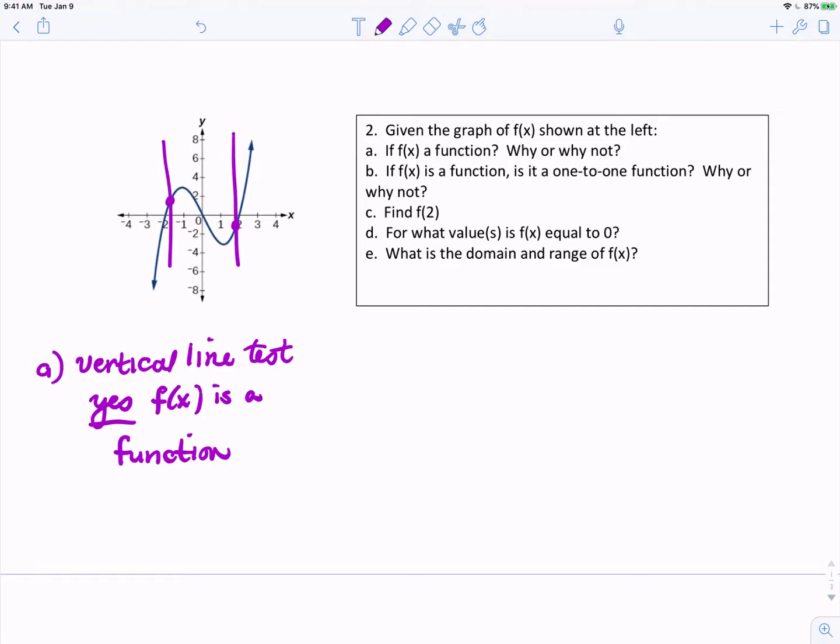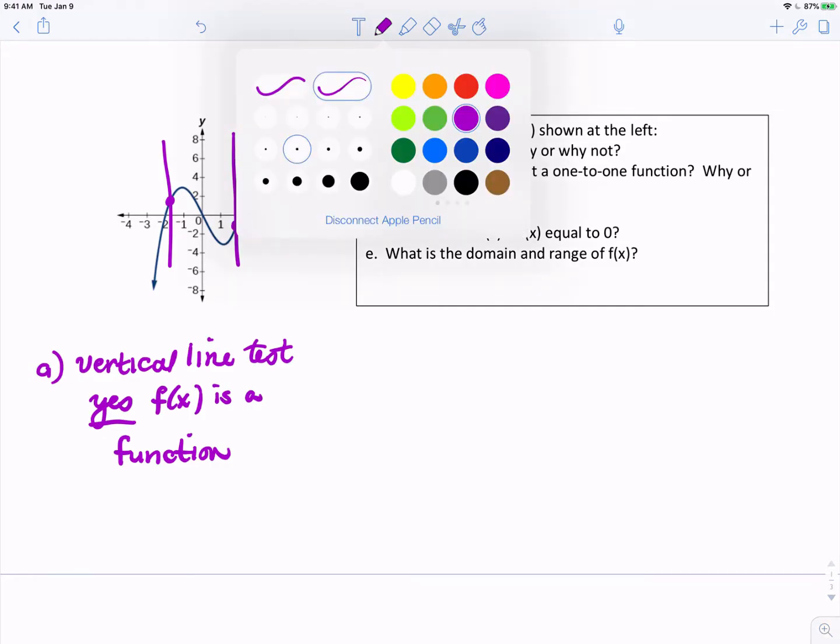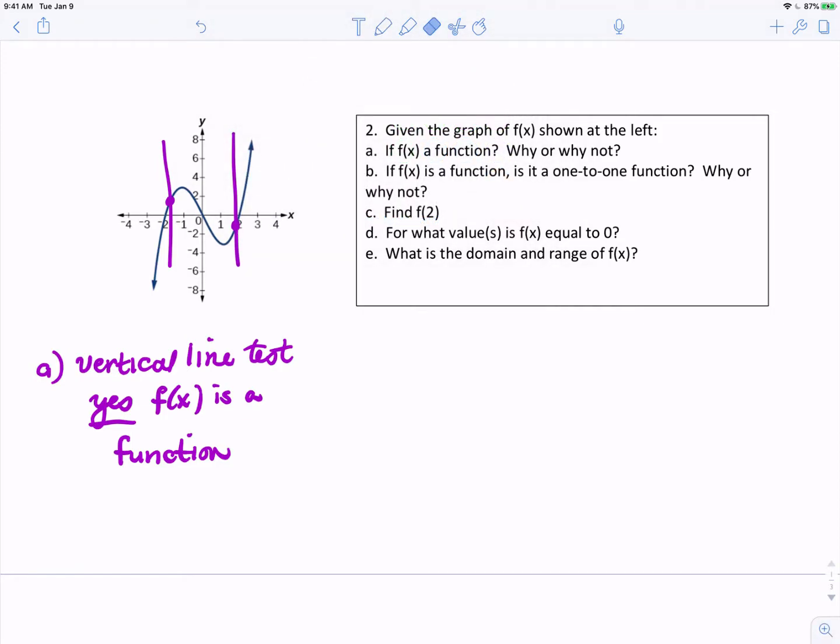If f of x is a function, is it 1-to-1, y or y not? All right. So let's take a look at the graph again. So what it means when you ask if it's a 1-to-1 function, what you're asking is, does every x value have a unique y value?